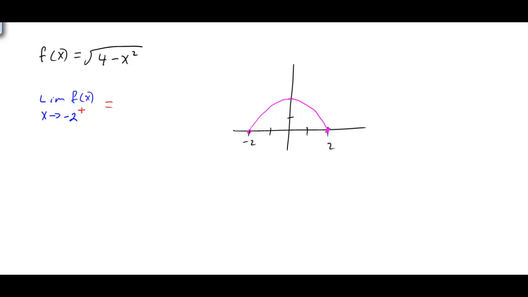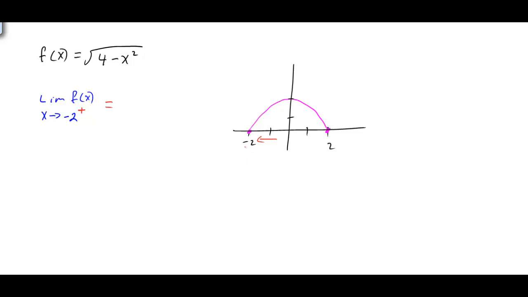Well, because we want to look at the limit as x approaches negative 2 from the right. Why from the right-hand side? Well, there are no values from the left. It wouldn't make any sense to approach from the left side because there's no graph, there are no x values to the left of negative 2. The function stops at negative 2.